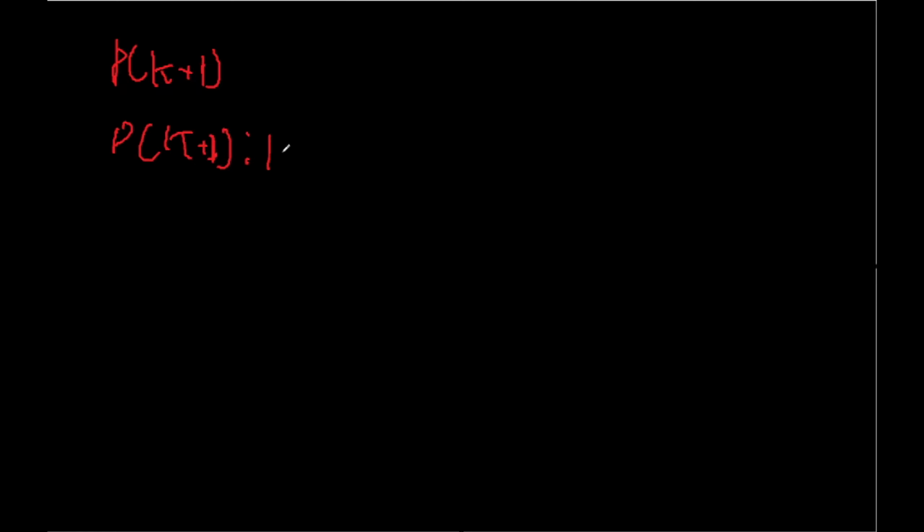We can get 1 plus 2 plus 3 plus 4, and this will go all the way on to k, whatever k is. And since we have k plus 1, it'll go a step further, and it'll be plus k plus 1.